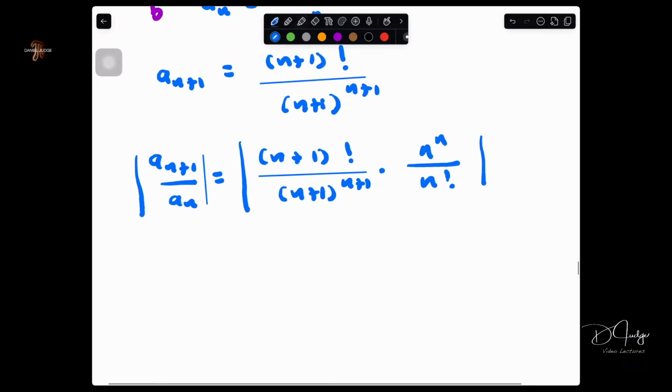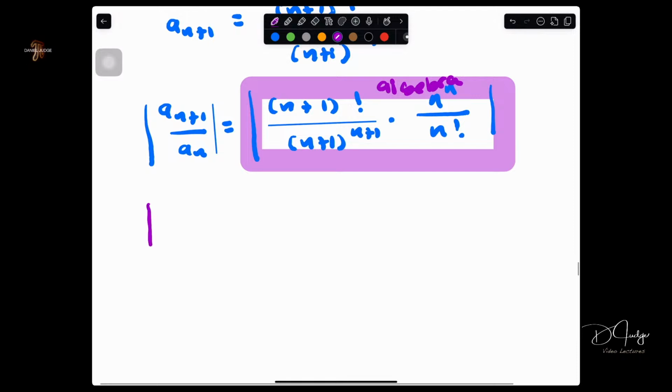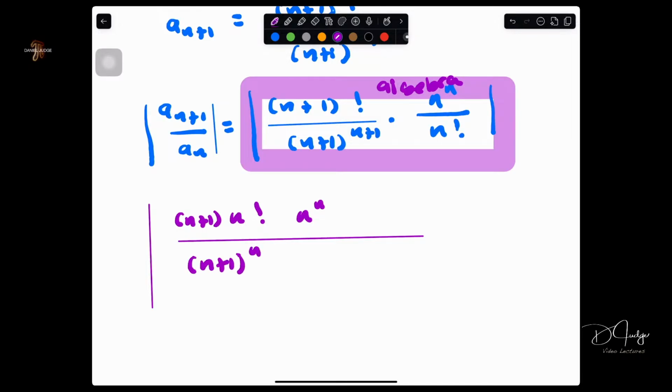All right, use again algebra here. Now, the definition of n plus 1 factorial we can write as n plus 1 times n factorial. That's multiplied by n to the n, and then properties of exponents, n plus 1 to the n times really n plus 1 to the first power.